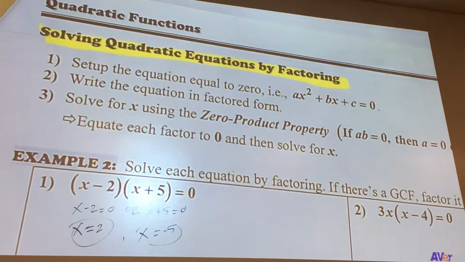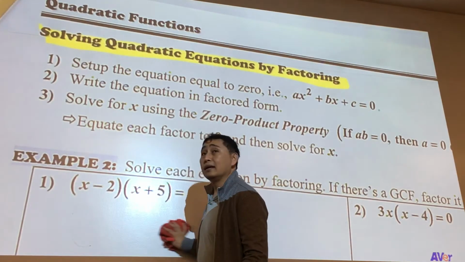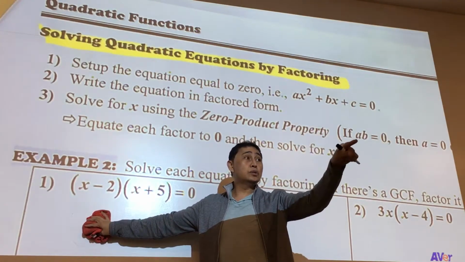Let's go over the steps. Set up the quadratic equal to 0, put it in factored form, and set each factor equal to 0 and solve for the variable. Are we clear? That's a little bit long. Can you please give me the answers? x equal to 2.